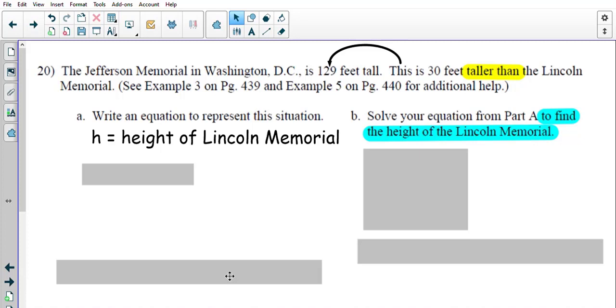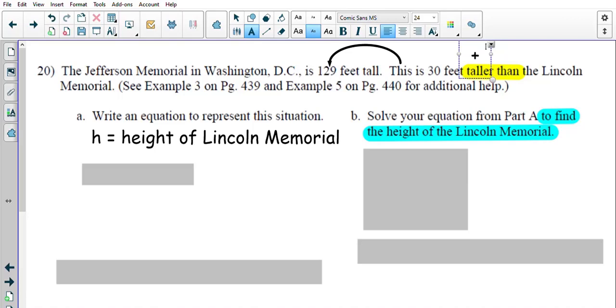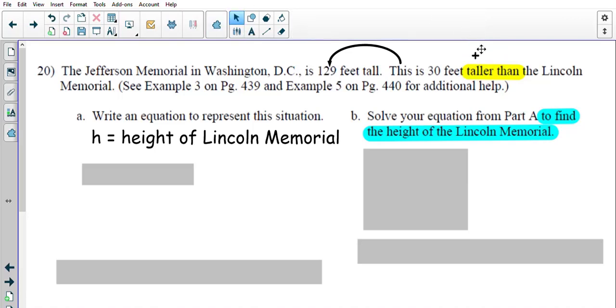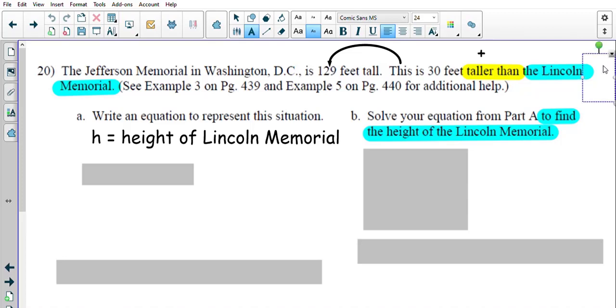Now, I know that the height of the Jefferson Memorial, the 129 feet, is 129 equals 30 feet taller than, this will be 30 plus the height of the Lincoln Memorial, which again, I'm going to highlight in blue, our variable, our unknown, h, so plus h.